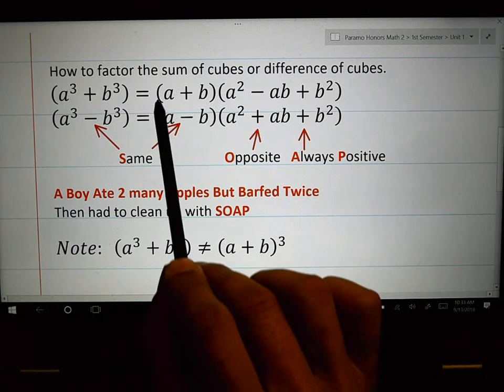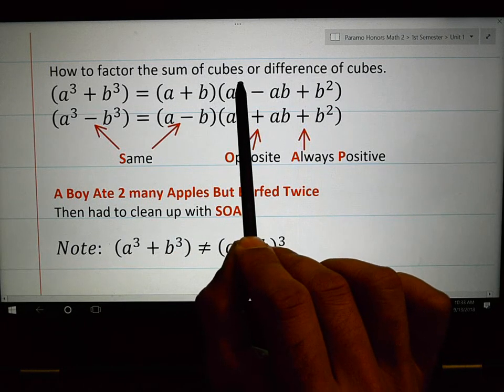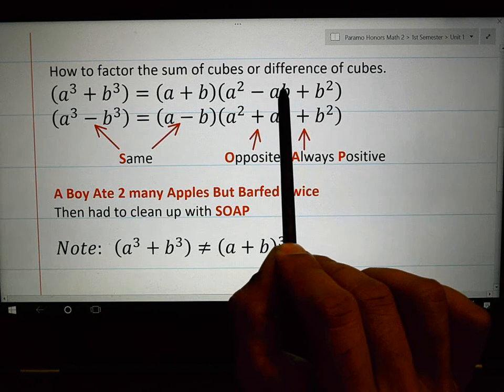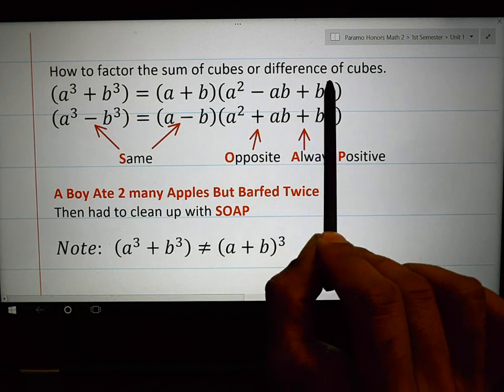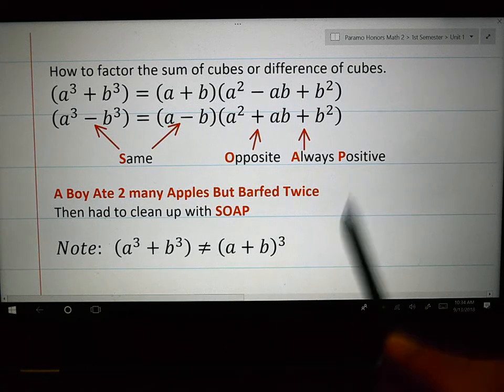He says, a boy ate too many apples but barfed twice. And I said, okay. So I've never heard anybody say that. I don't know if somebody else taught it to him in a different place. And I thought that was an interesting way to memorize this formula. I have it memorized in a different way. I'll show you how I have it memorized in a little bit. But if this helps you, do it.